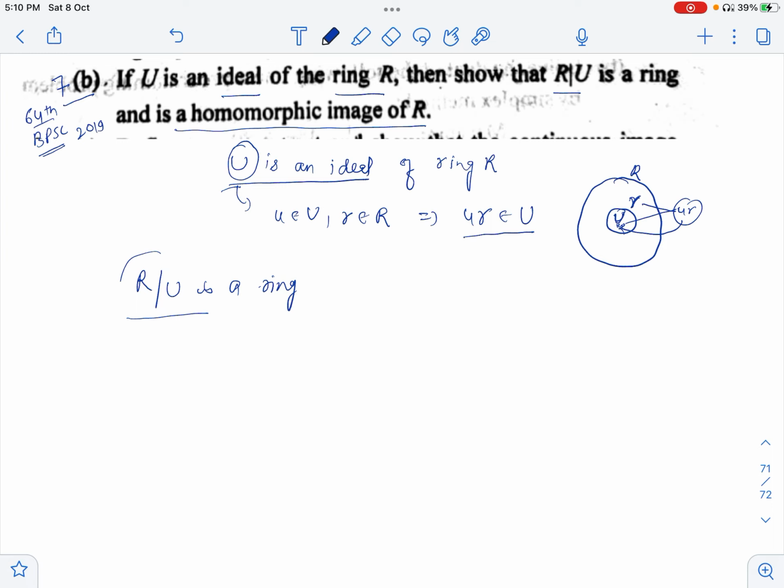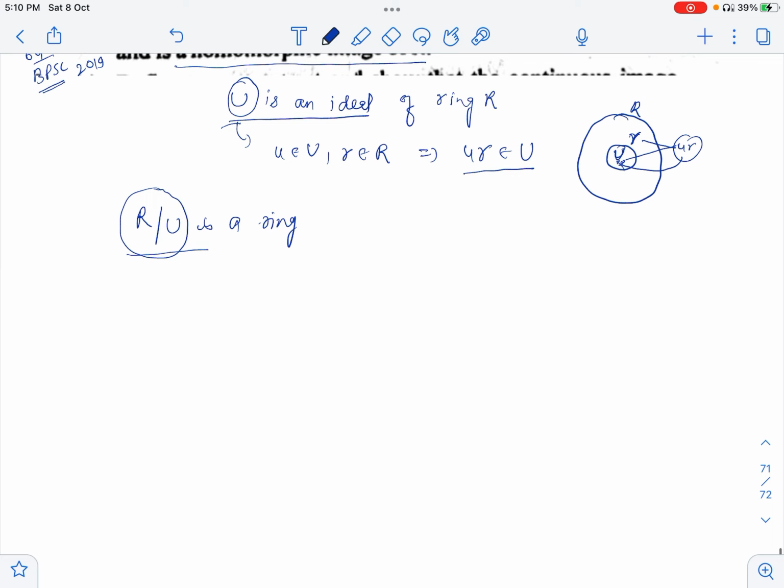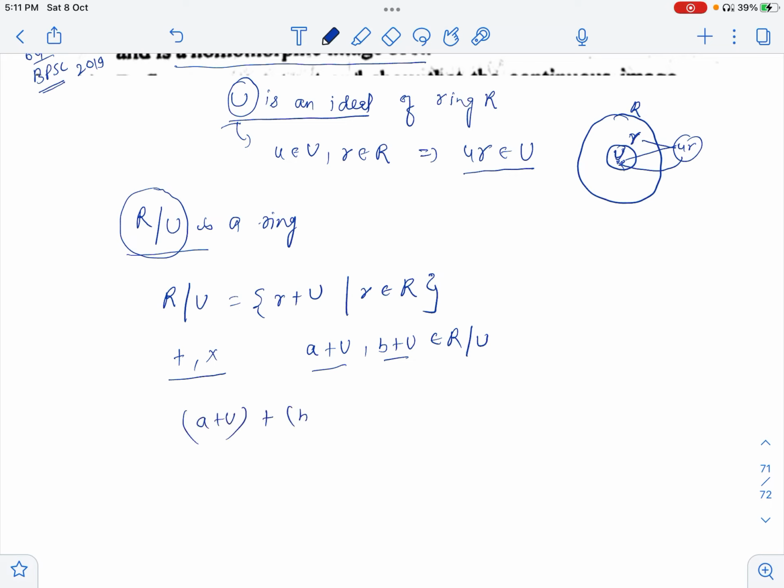First of all, we need to define what is R mod U and what are the two compositions which we need to define on the ring R mod U. So R mod U is equal to cosets of the form r plus U, where r belongs to ring R. Over the compositions of plus and multiplication, which are defined as, let us say, a plus U and b plus U, two elements of R mod U. Then we define the composition (a plus U) plus (b plus U) as a plus b plus U. This is composition 1, and multiplication is defined as (a plus U) times (b plus U) equal to ab plus U. This is 2.